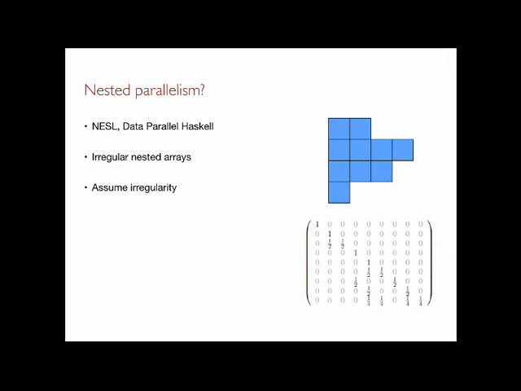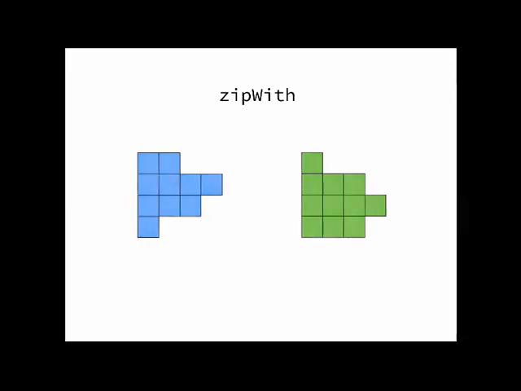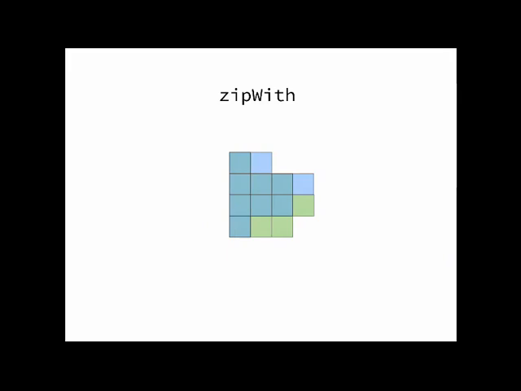But the downside of these languages is that they assume irregularity. They treat all nested arrays as if they are irregular, so they assume that all nested arrays may have elements of varying size. This is not always very efficient. For example, supposing you're doing a zipWith over two irregular arrays, this is a non-trivial operation because, in part, the size of the output is not easily calculable.